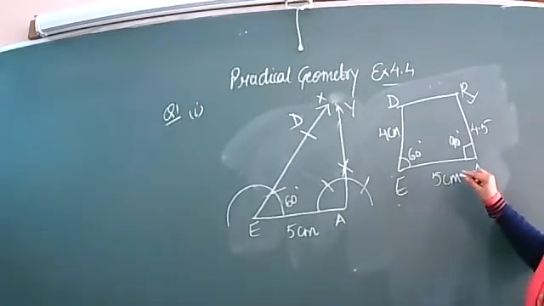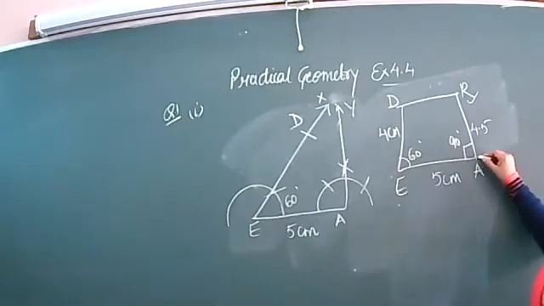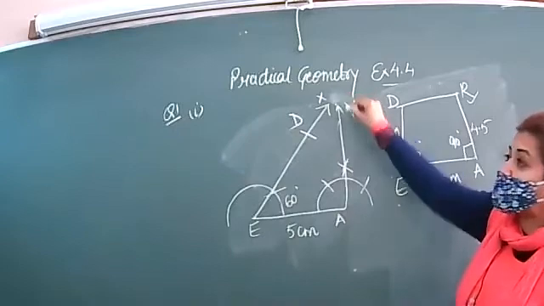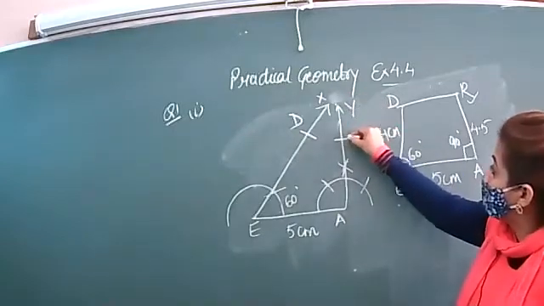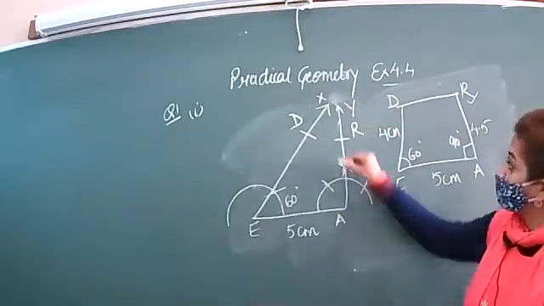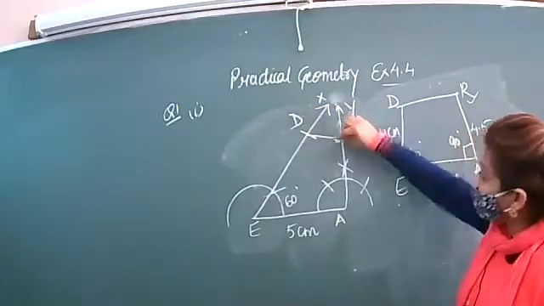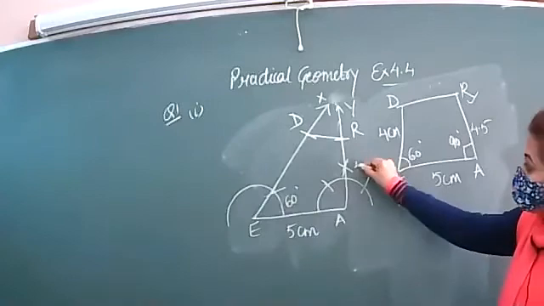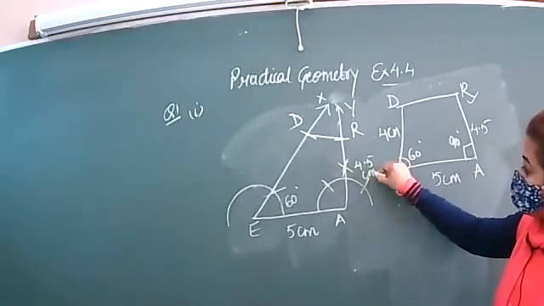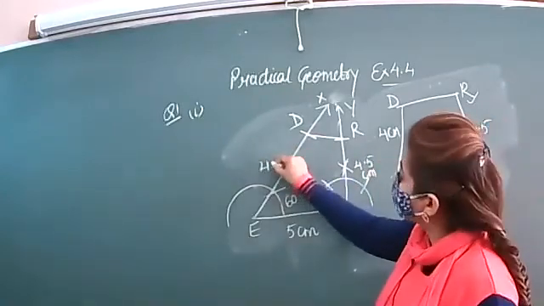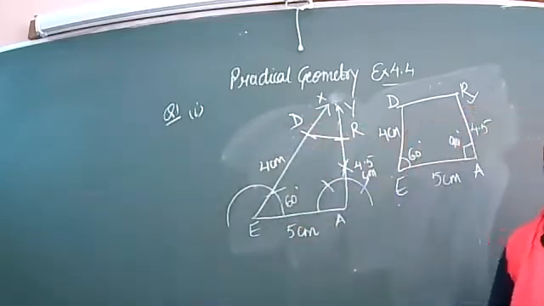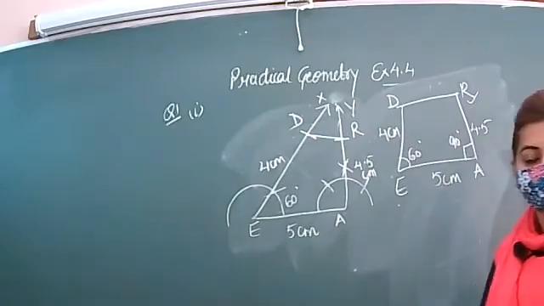Yes, Laksh. From A, we will draw the arc of 4.5, which cuts AY at R. From A, you put the arc of 4.5 centimeter. From E, we have drawn the arc of 4 centimeter. Now join this D and R. This will give you the quadrilateral DEAR.